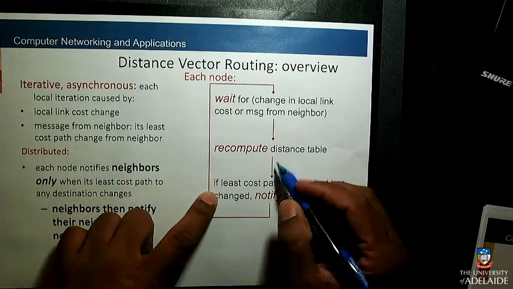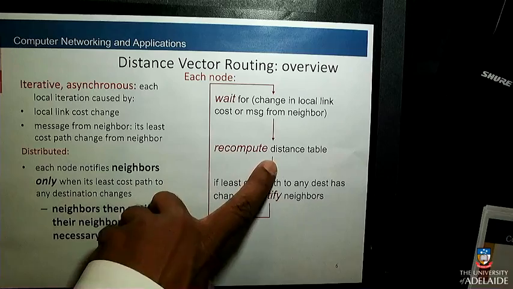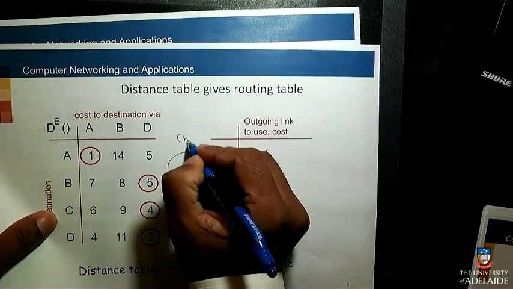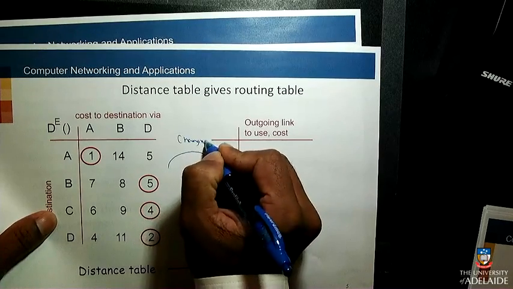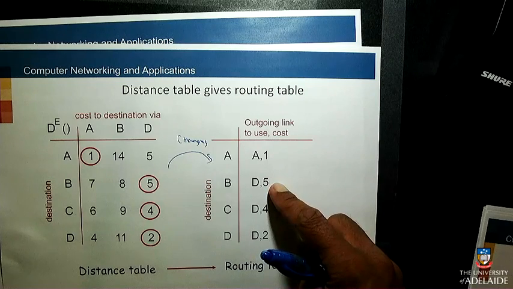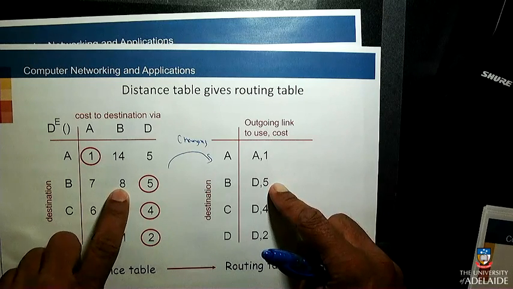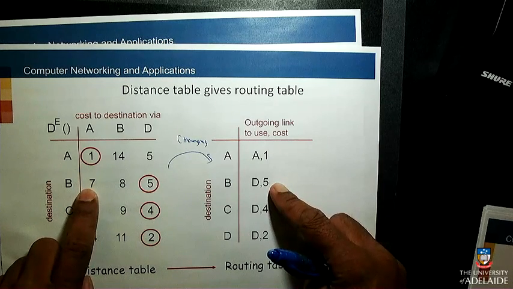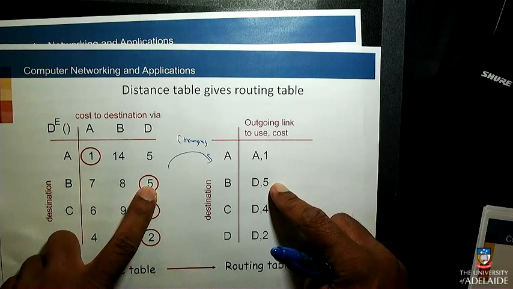Then, if recomputing the distance table, which is this one, ends up changing my routing table, it may not, right? It may not end up changing my routing table. I might just change this to 7, but my routing table won't change. I might end up changing this to 100, but my routing table won't change, right?